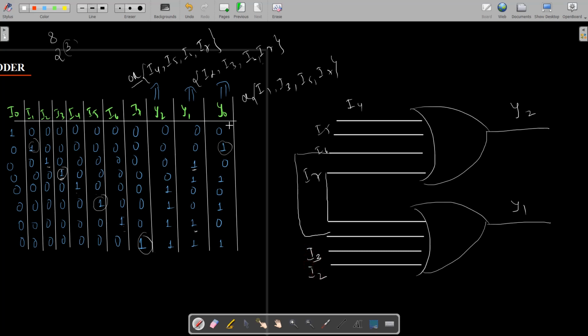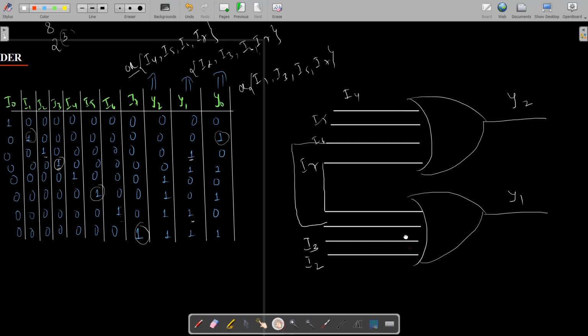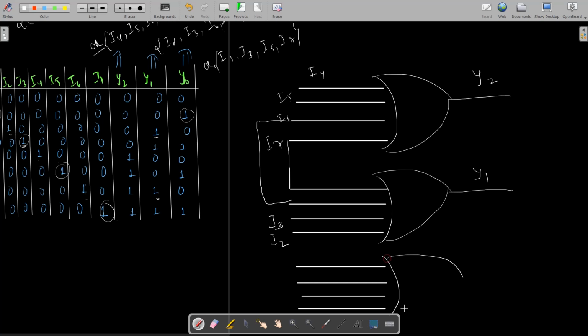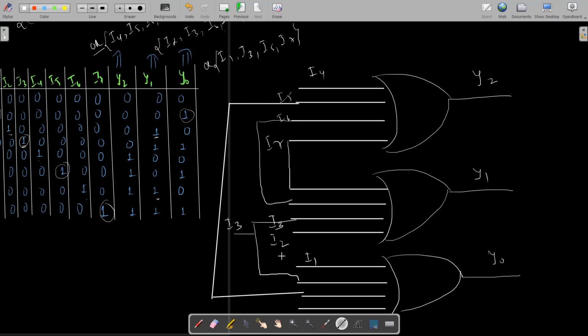And what about Y0? Y0 is I1, I3, I5 and I7. The corresponding inputs should be something like this. Say this is I1, another is I3, and I3 I will just take from here and tie it over here. Next are I5 and I7.